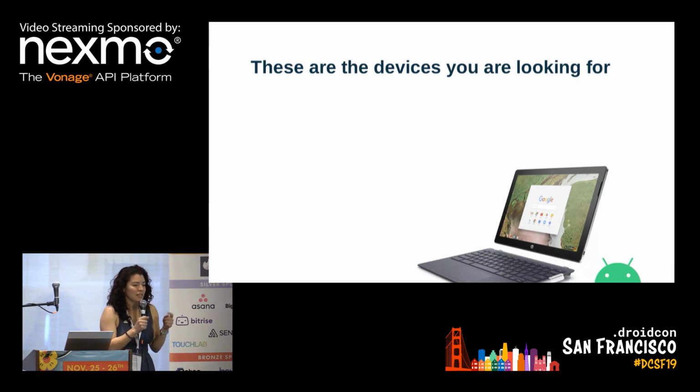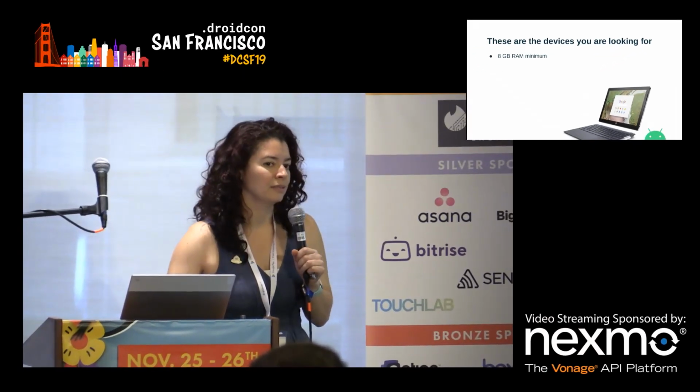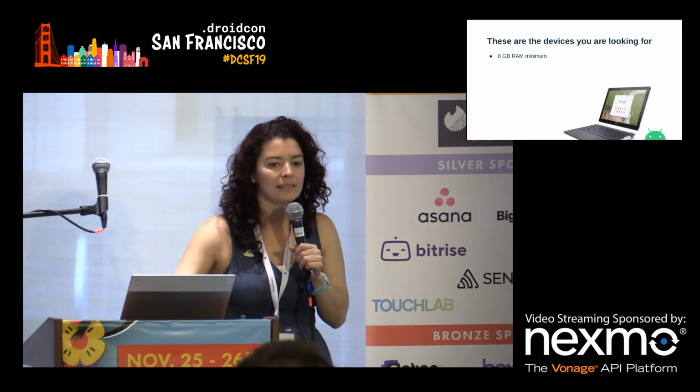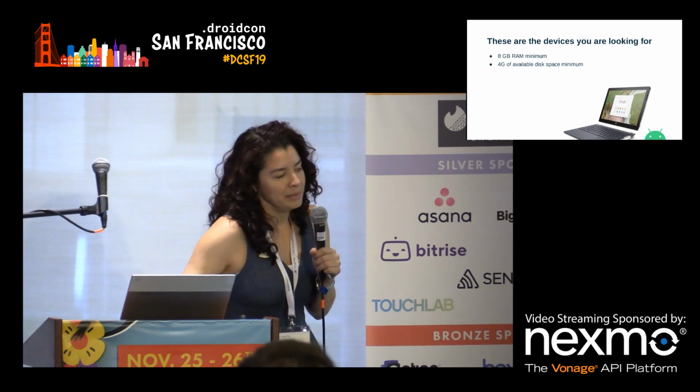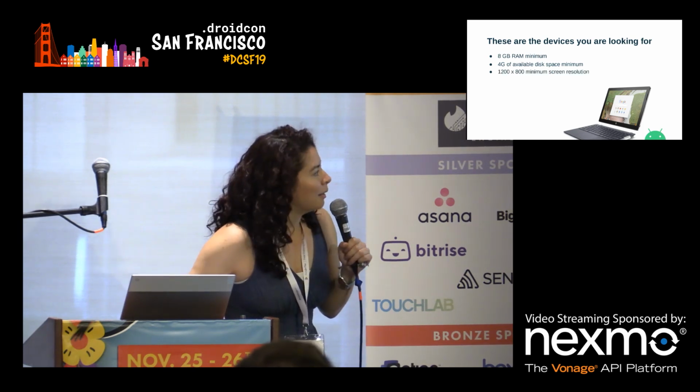But as Emilie mentioned, she would not use in particular the Pixelbook for development, and that's because we are also bound by the laws of hardware. So you need potent hardware to run Android Studio, as I'm sure all of you know. So we have requirements. It needs at least 8 gigs of RAM, 4 gigs of available space, but of course you want more.